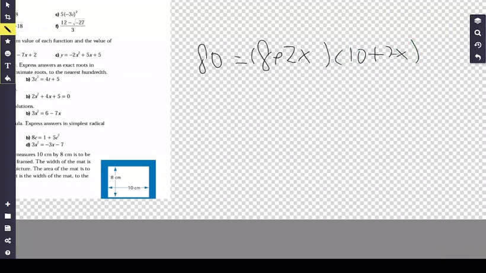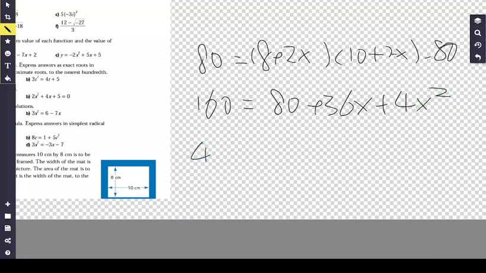And after that, this is the entire area of the picture. We have to minus 80. Okay, so we will move the 80 onto this side. 160 is equal to, we expand this, 80 plus 16x plus 20x plus 36x and plus 4x squared.